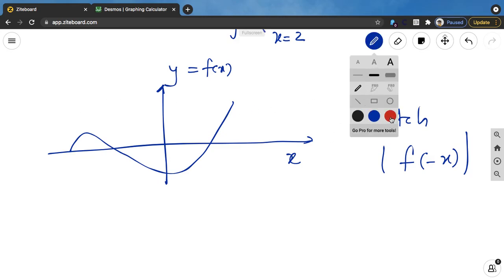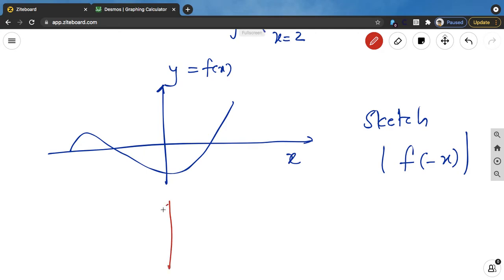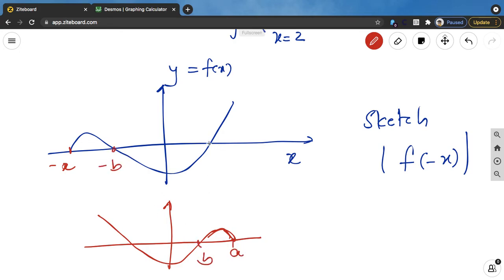So your reflection will look something like this, not to scale. If this was minus a, then this will be a. If this was minus b, then this will be b. If this was c, then this will be minus c.